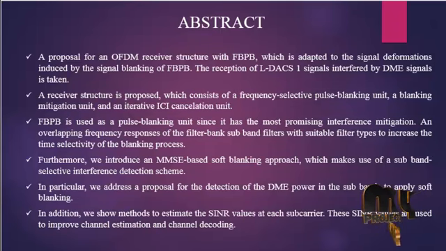In particular, we address the proposal for the deduction of the DME power in the subbands to apply soft blanking. In addition, we show the methods to estimate the values for each subcarrier according to SNR. These SNR values are used to improve the channel estimation and channel decoding.